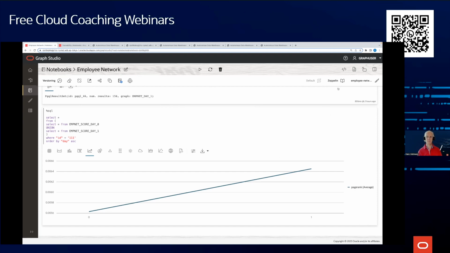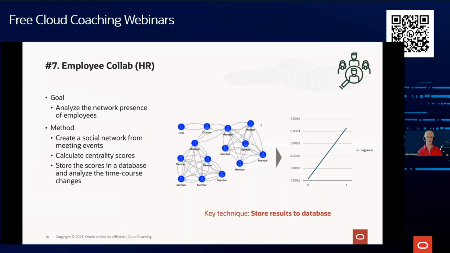So this is a potential analyst workflow for the HR department.